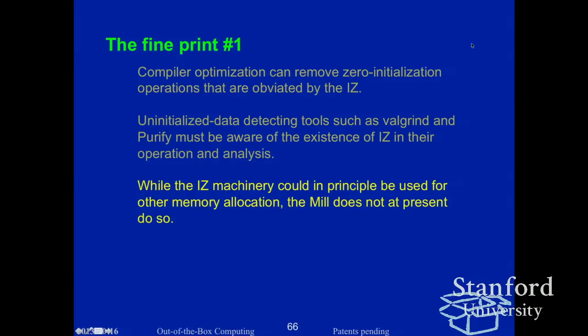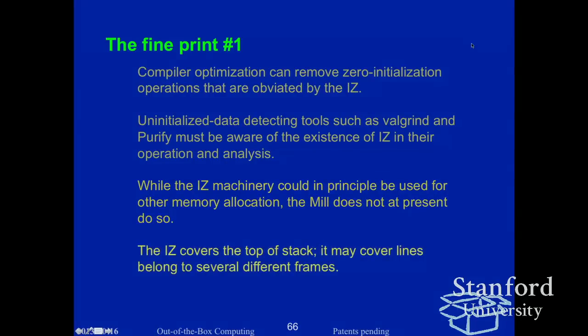It could be used for other kinds of allocation. We do not. There's been some discussion about using it for the active allocation point in a garbage collecting system, but maybe someday. The bit mask covers all of the lines at the top of the stack, and obviously it rotates with the stack in the obvious way.